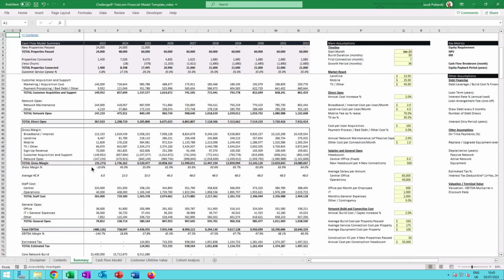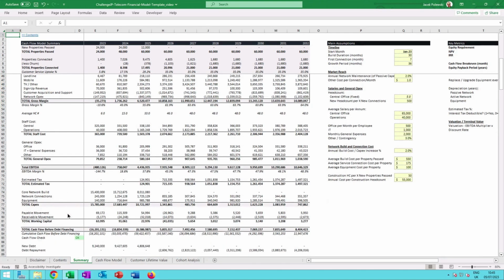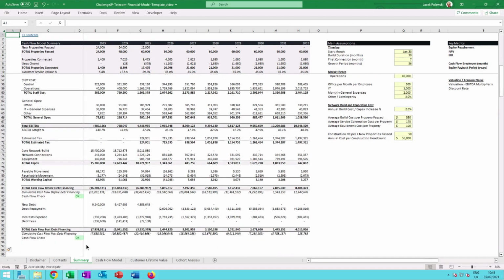Then you have some other central costs, some calculations of taxes, Capex, so the build cost, adjustments for things like working capital, taxes, and then eventually the calculations of cash flow. The cash flow is shown before debt financing and then after debt financing. So the model assumes there will be some possibility of injecting a debt into the cash flows.